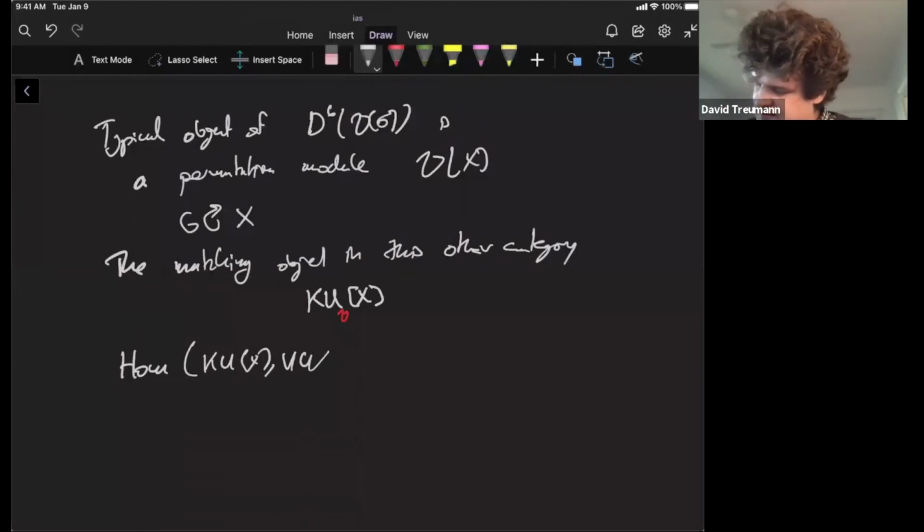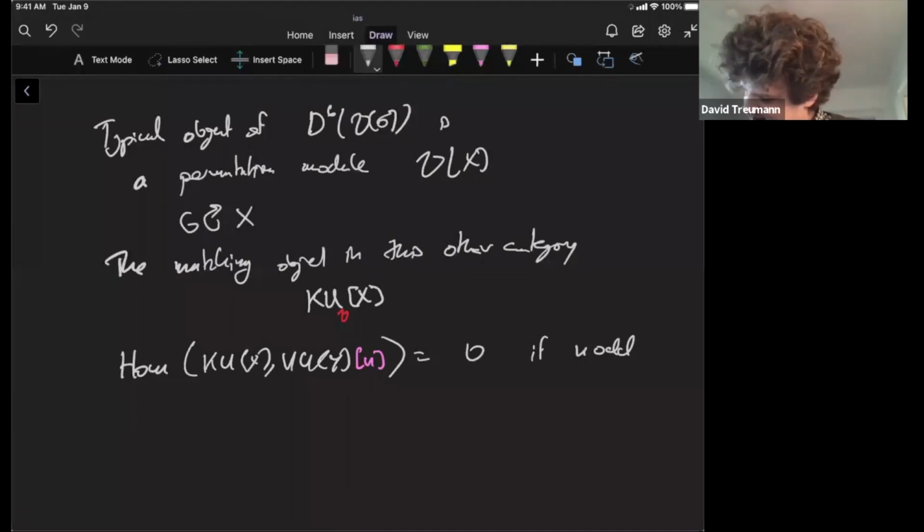Well, maybe this is a triangulated category, so we can shift by some number. And this is going to be 0 if that number is odd.